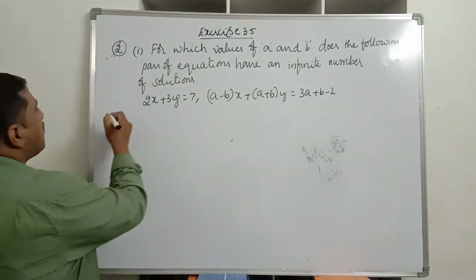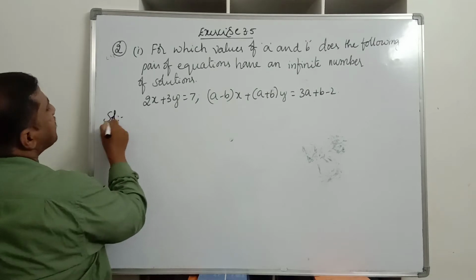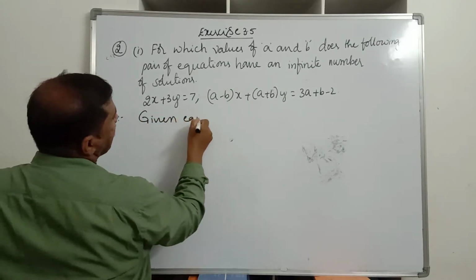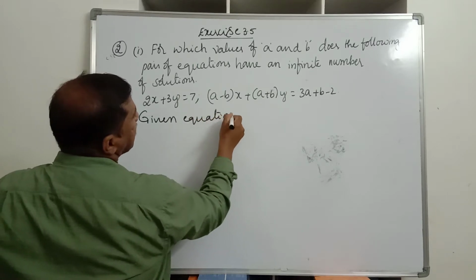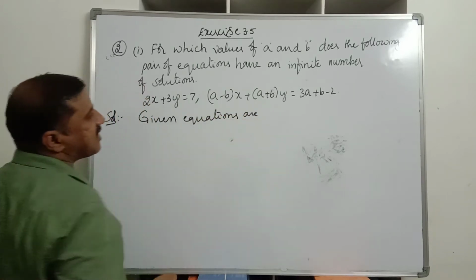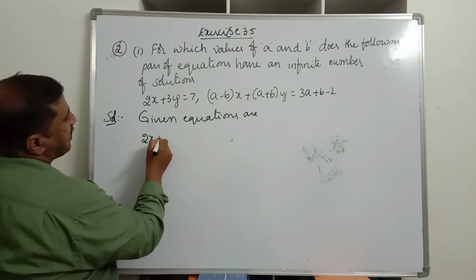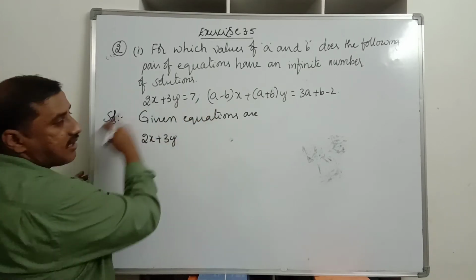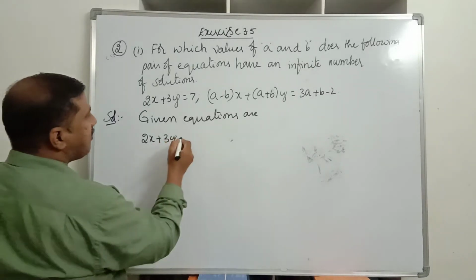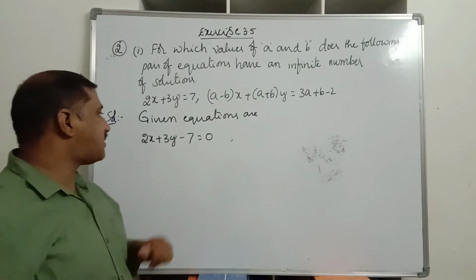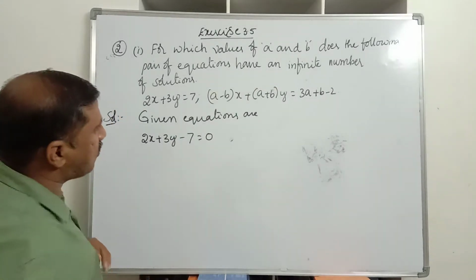So first write the given data, that is, the given equations. Write these given equations in the standard form. The first equation is 2x plus 3y is equal to 7. Transposing plus 7 to the LHS it becomes minus 7, that is equal to 0. So 2x plus 3y minus 7 is equal to 0.